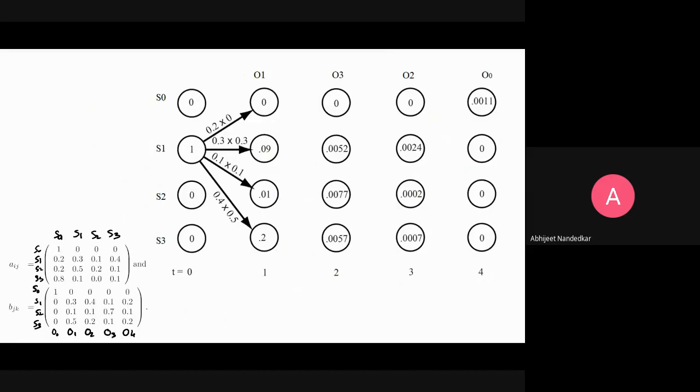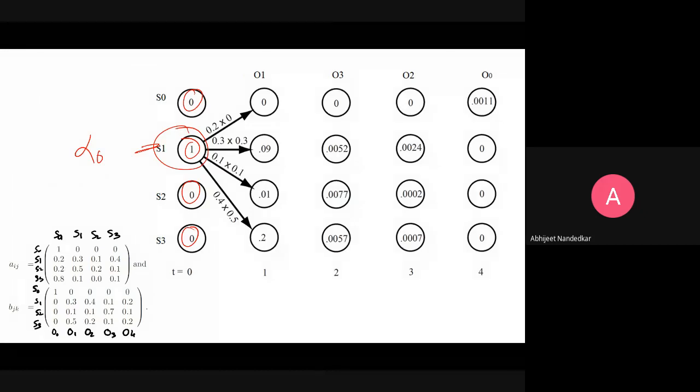Initially my state is S1. Now see carefully how we do it. For alpha 0 at time step 0, my state is fixed to S1, so the other alphas are 0. The only alpha which exists is the initial state with 1.